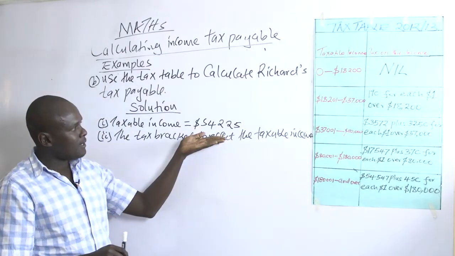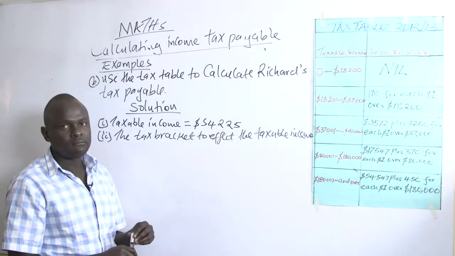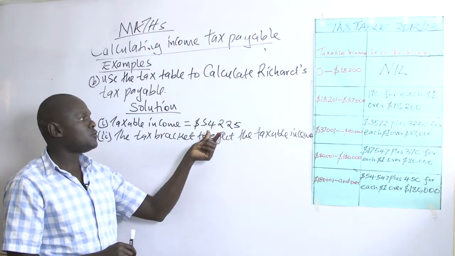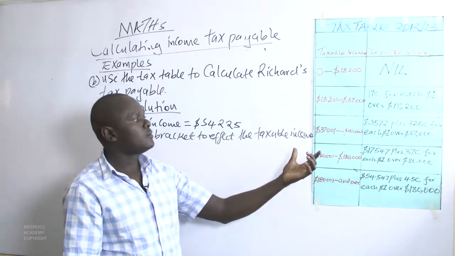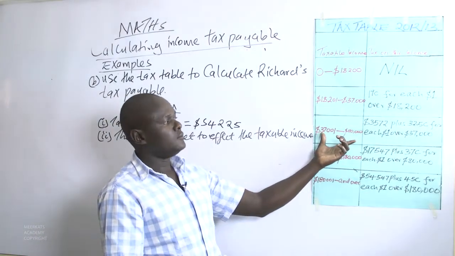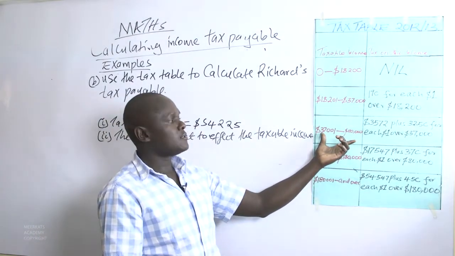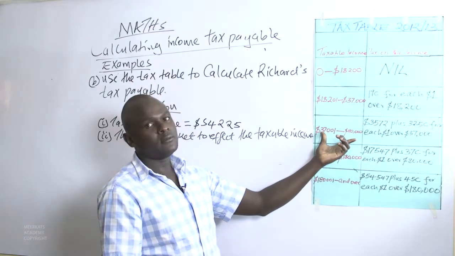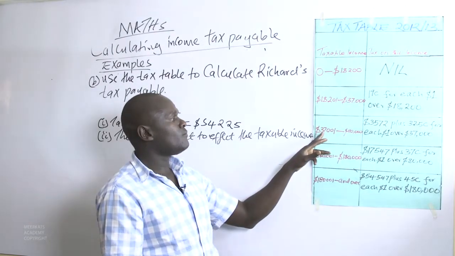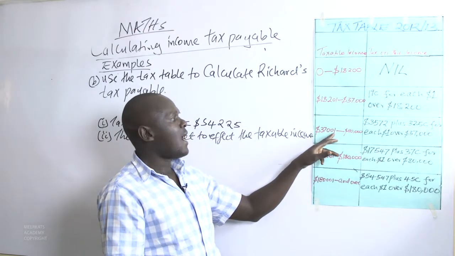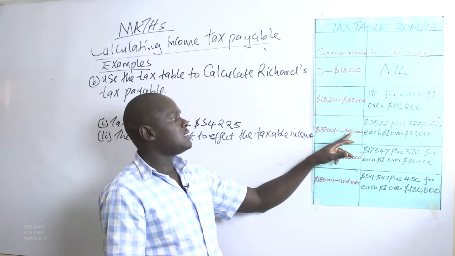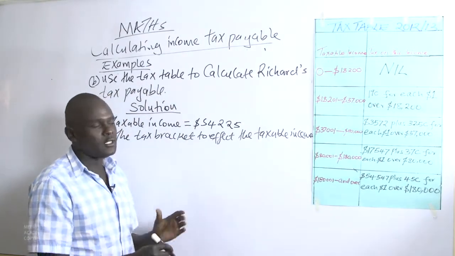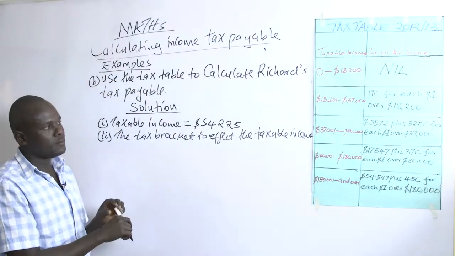So this particular taxable income of around $54,225 will fall within the third tax bracket, that is between $37,001 and $80,000. That amount is within the range.